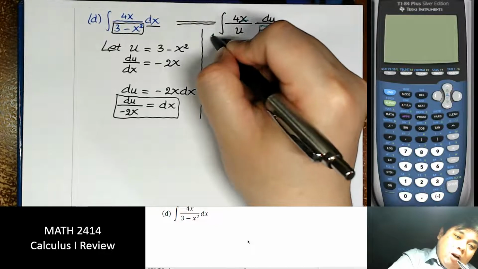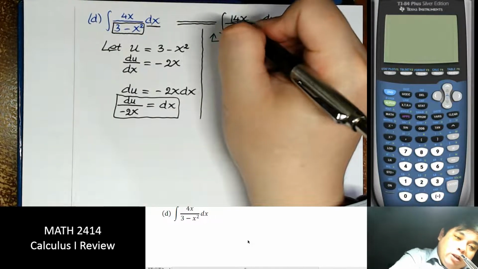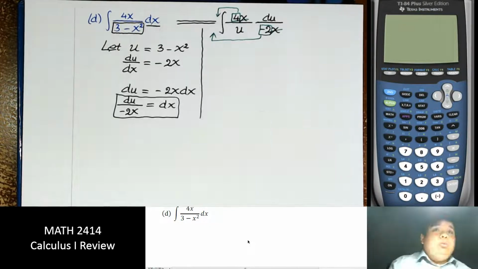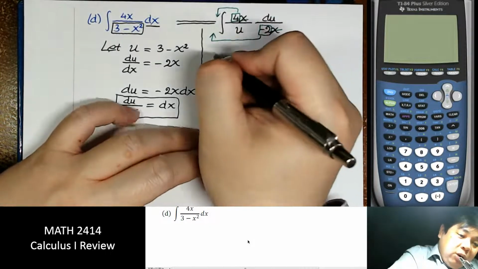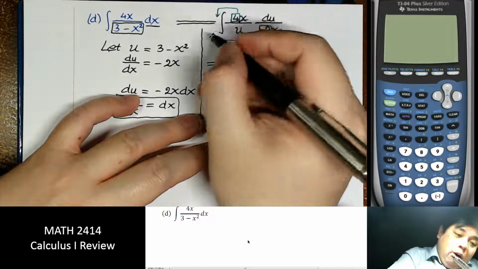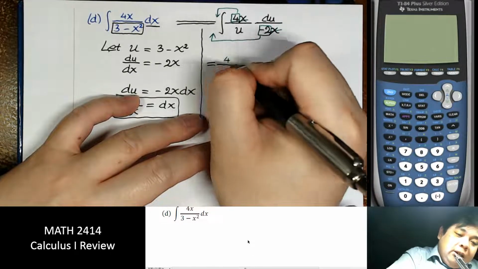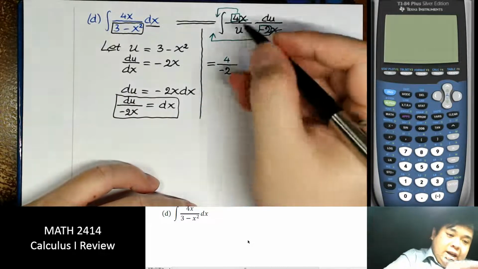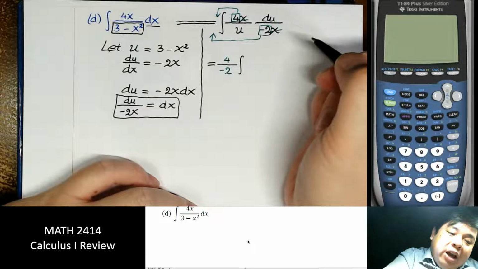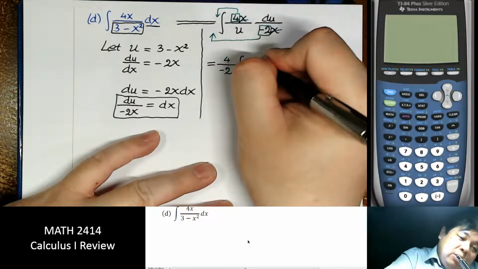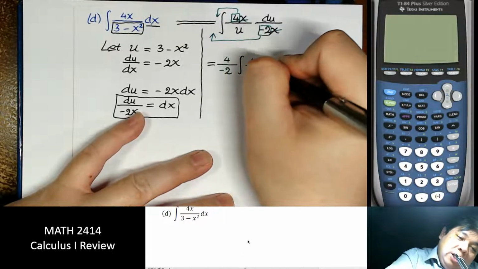It will stay at the bottom though. The 4 on the top is constant. You can take it outside. So we take the constant outside, and what we have is the 4 on the top, negative 2 at the bottom, and then the integral. Let's see what we have. X cancel out, 4, negative 2 come out. Just have 1 over u du.